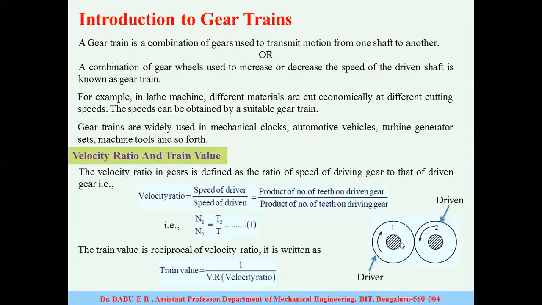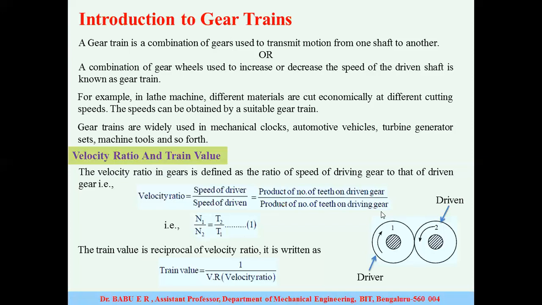The gear which is driven by the driver, we call the driven member. The velocity ratio is the ratio of the speed of the driver to the speed of the driven member, which equals the number of teeth on the driven gear to the number of teeth on the driving gear.